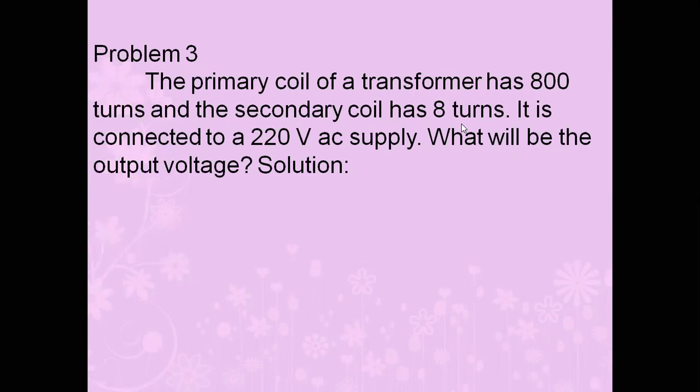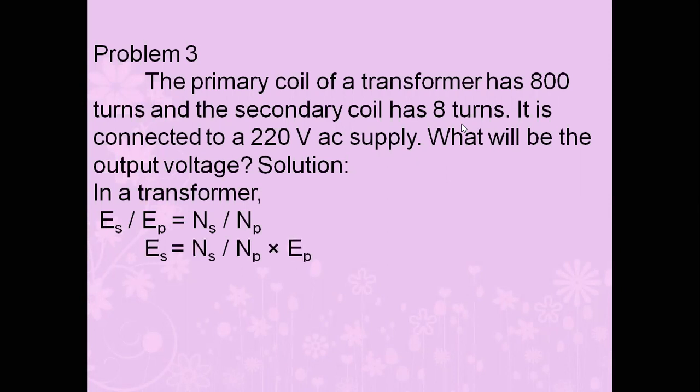So the number of turns is given and the alternating supply is given. So the formula is Es divided by Ep equal to Ns divided by Np.